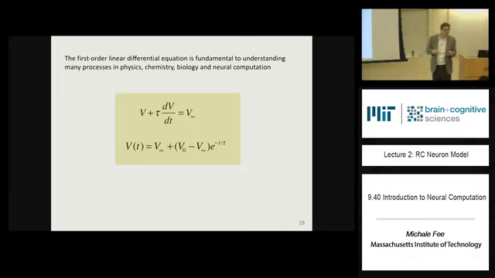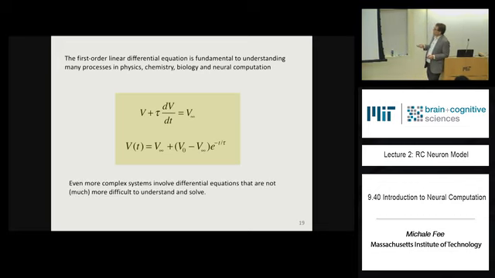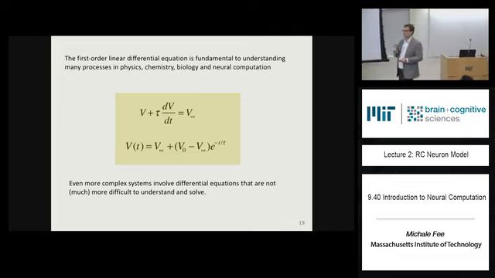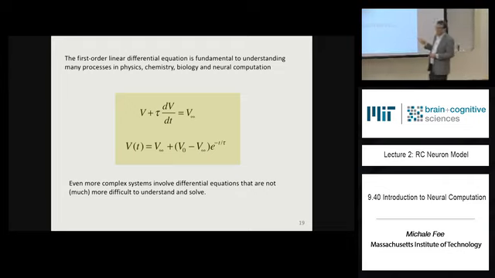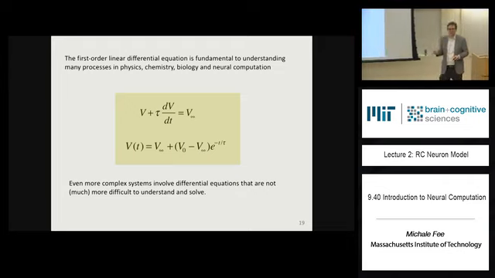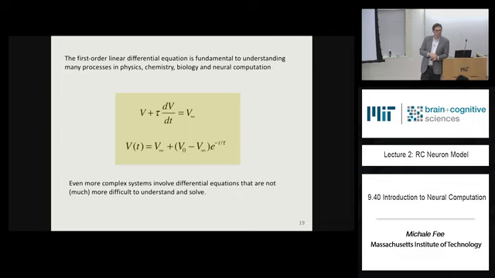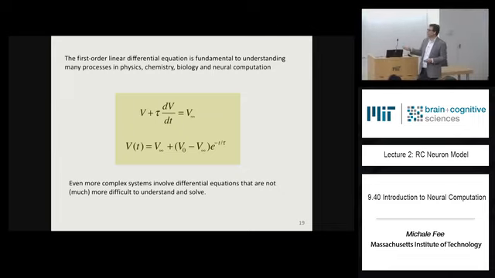Even slightly more complicated versions of this, like the Michaelis-Menten equations in chemistry, you can understand in simple terms if you have a handle on this. Other slightly more complicated things become much more intuitive. So try to really make sure that you understand this equation and how we derived it.